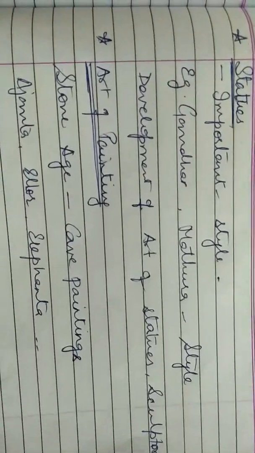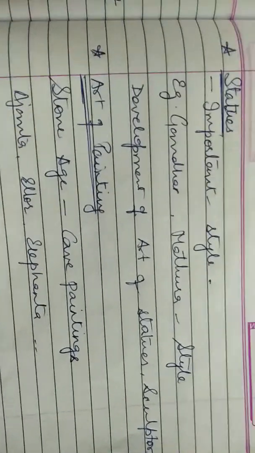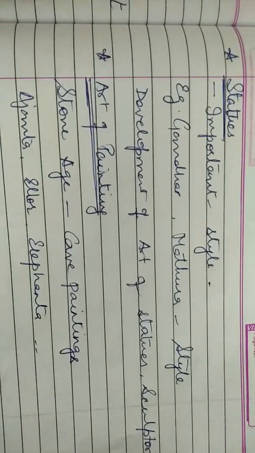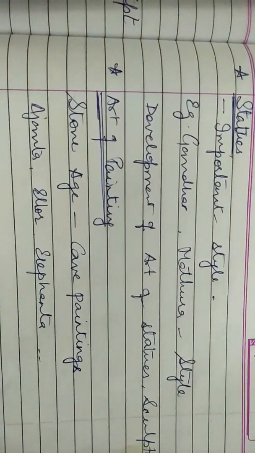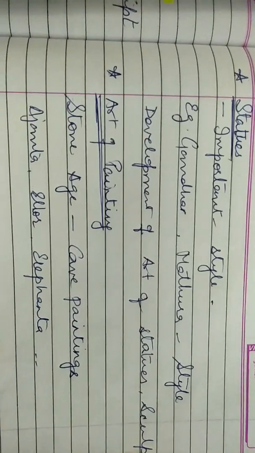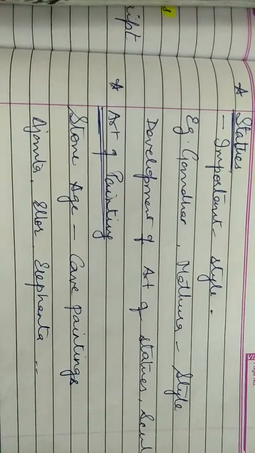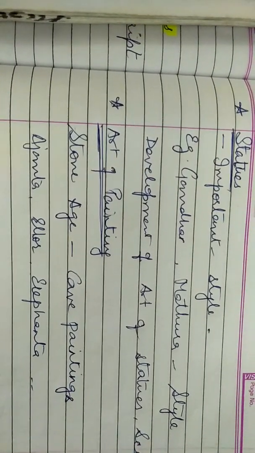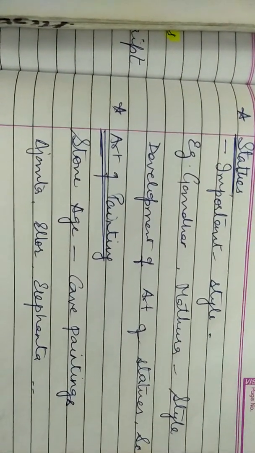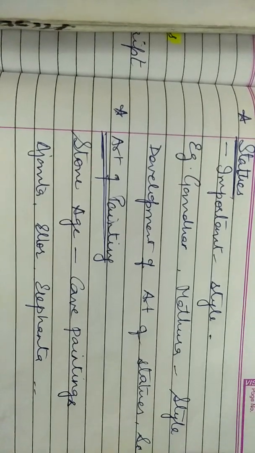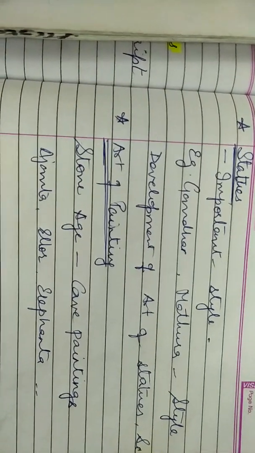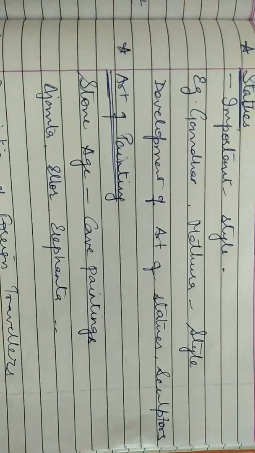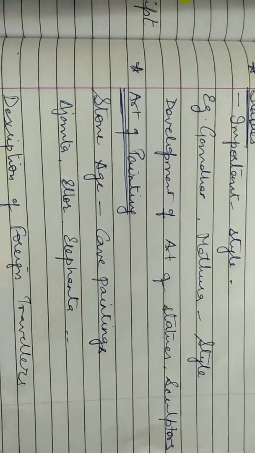Another important source to know about the past are the statues. Statues are a very important source of information. The sculpture of statues is seen to a larger extent in the Kushan, Gupta period and post-Gupta period. We can see the effect of foreign art in those statues.